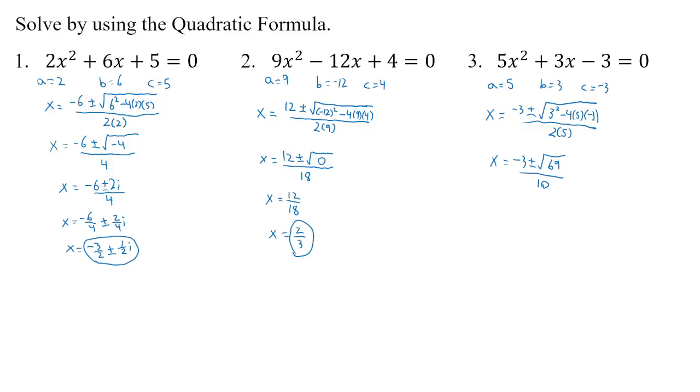And you really cannot simplify the square root of 69 because there's no perfect square that can go into it. Therefore, these are your solutions.